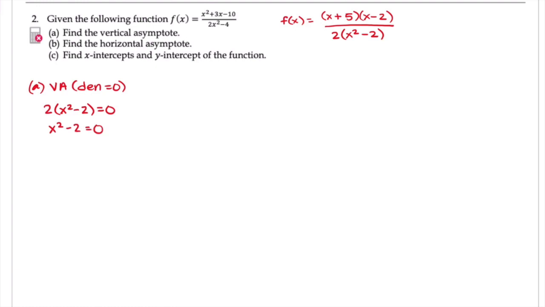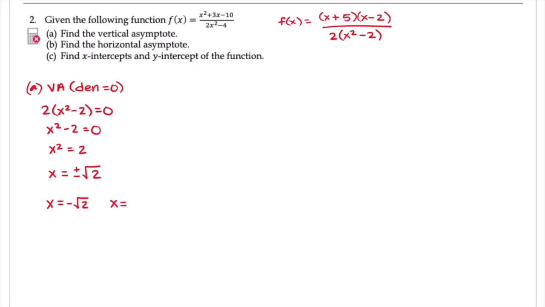Divide by 2, add 2 on both sides, take the square root, and we have x equals positive or negative square root of 2. So we have our two asymptotes: x equals negative square root of 2 and x equals positive square root of 2.